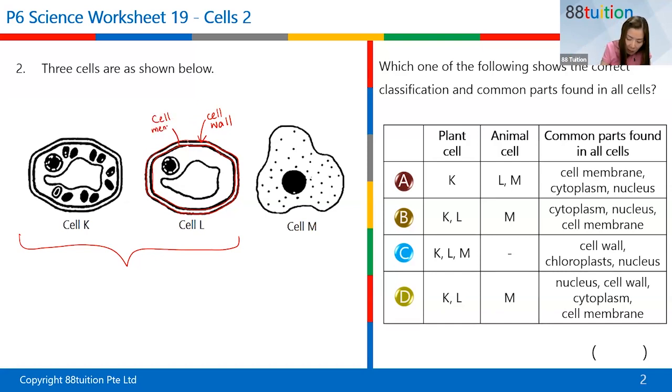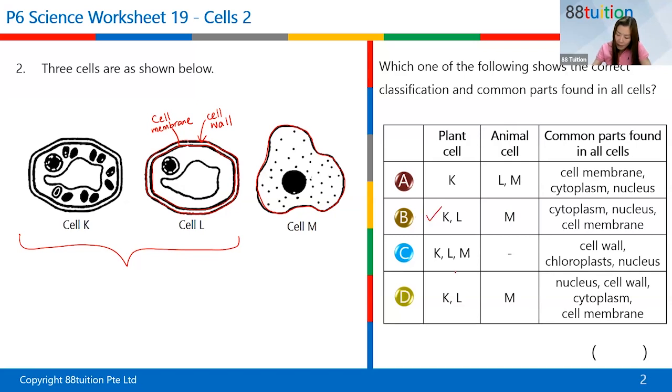The cell membrane. Can you recall now? Whereas for this M, there's only one layer, which is the cell membrane. So animal cell, we have M, and plant cell, K and L.